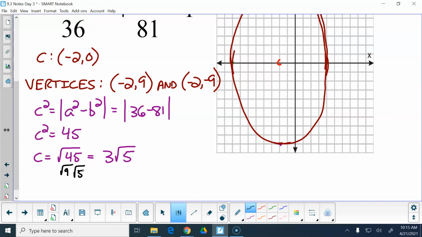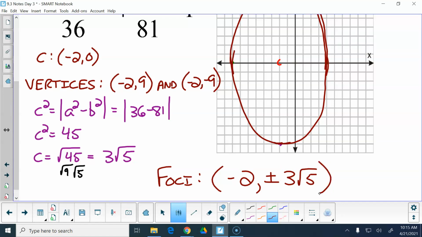So that puts my foci at, since the major axis is vertical, -2, comma, plus or minus 3 square roots of 5. On the graph, the square root of 45 is almost 7.